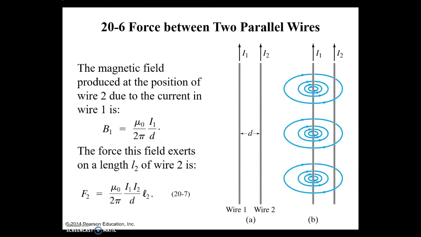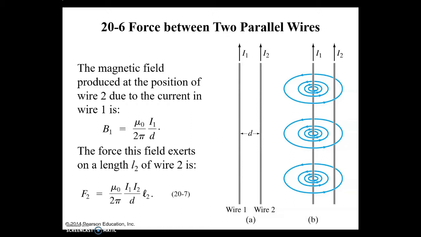Now this is interesting. We can actually combine both of the topics that we've talked about so far. We have a current which generates a magnetic field, and we have another current passing through that magnetic field. Let me explain. So you have two wires, wire 1 and wire 2, and they're some distance d apart.